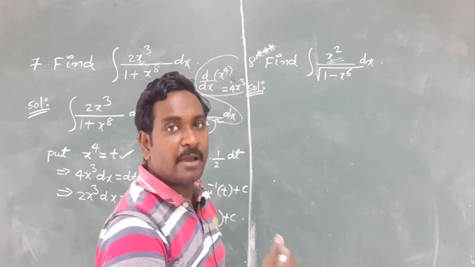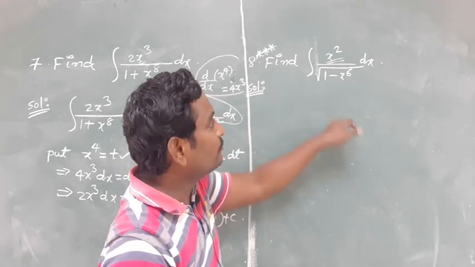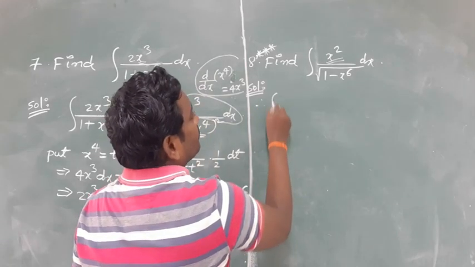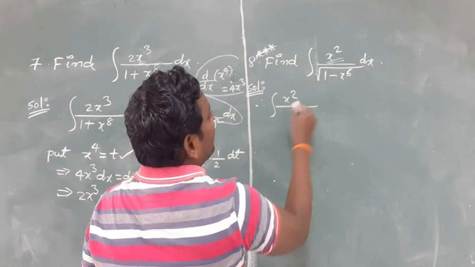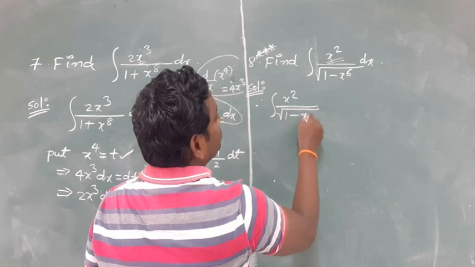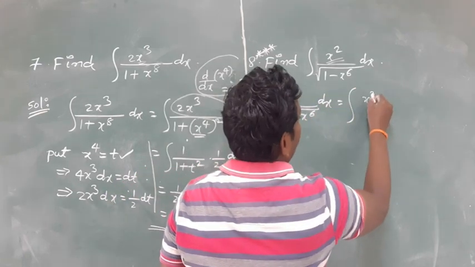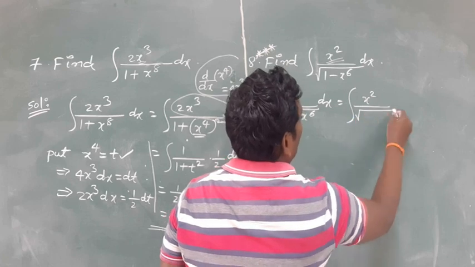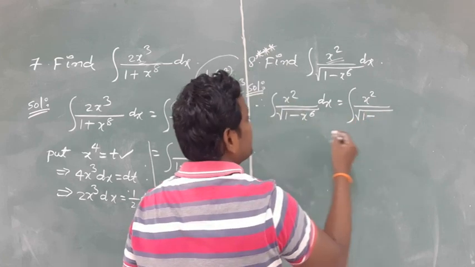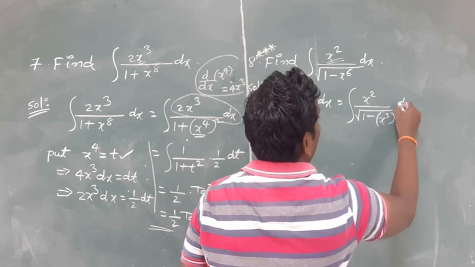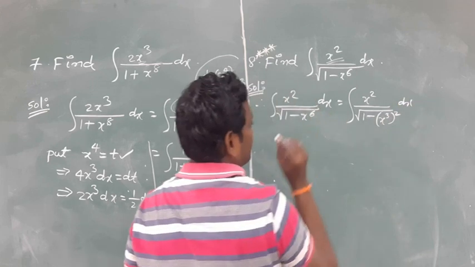Then automatically by putting x cube is equal to t, you will get the numerator. Once write the given problem here is equal to integral x square by root over 1 minus x power 6, which can be written as x cube whole square, 2 threes are 6.